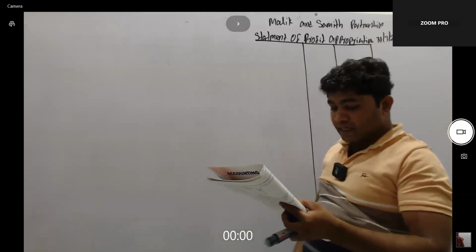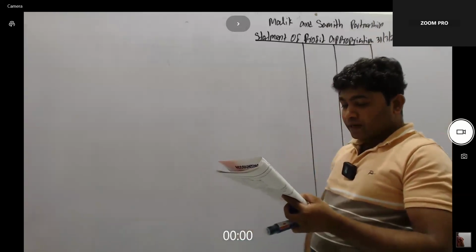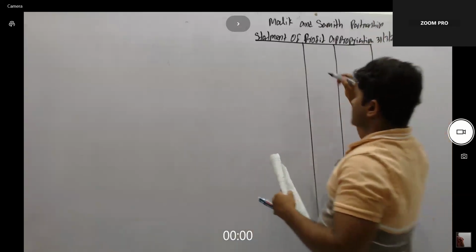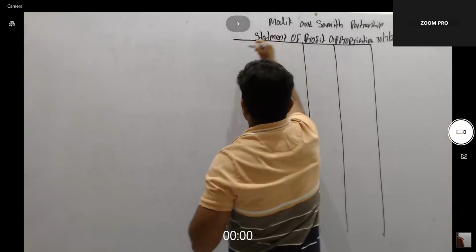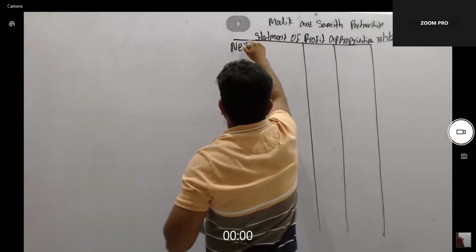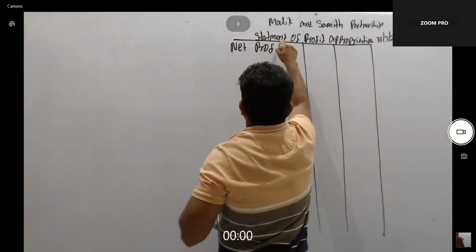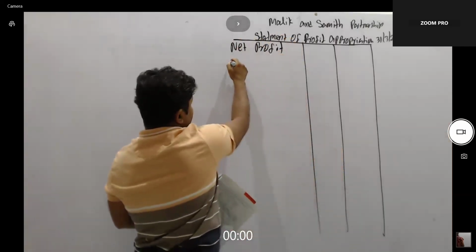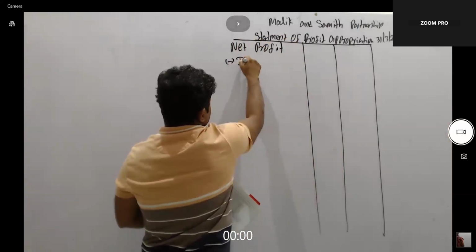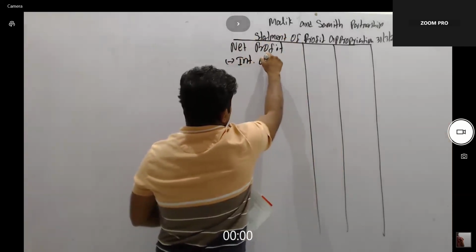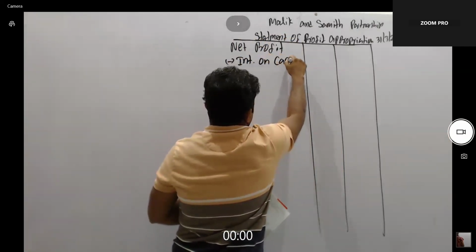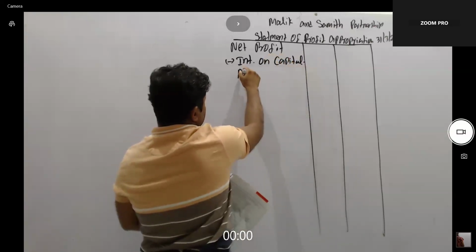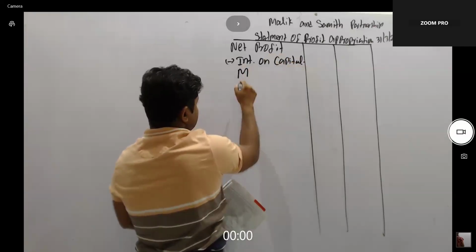Think retirement at the beginning of the year. Retired partner Dayananda. Therefore, Malik and Samit available. Think how to prepare the profit appropriation account from the beginning: net profit available from the trial balance, minus interest on capital, minus interest on capital, only for two partners, Malik and Samit.